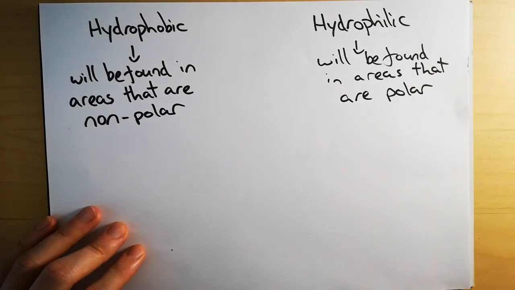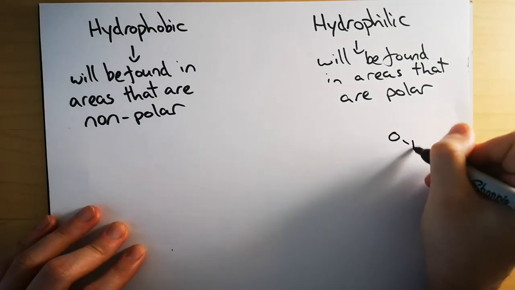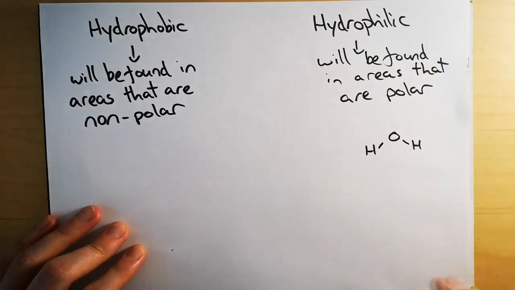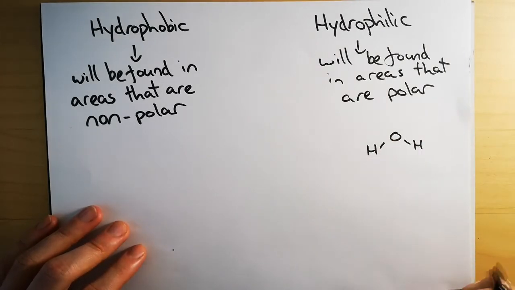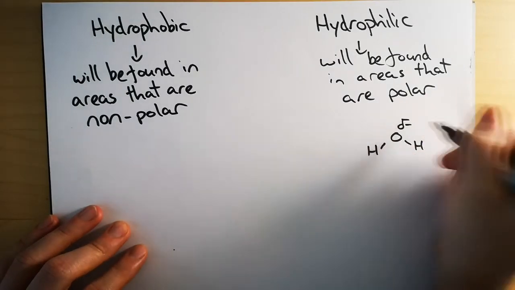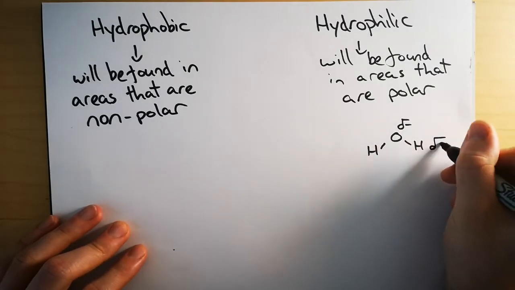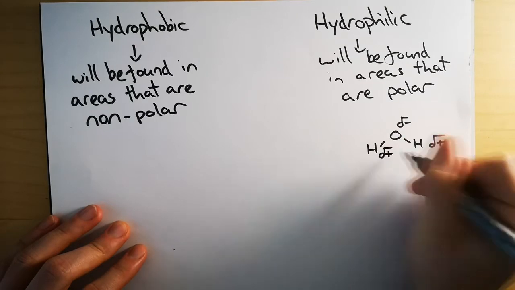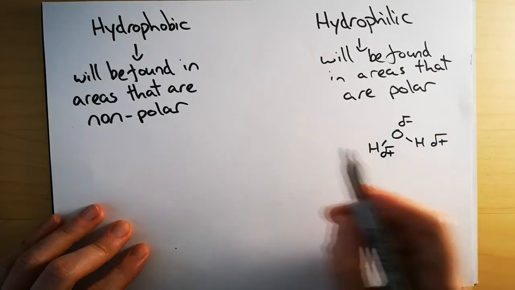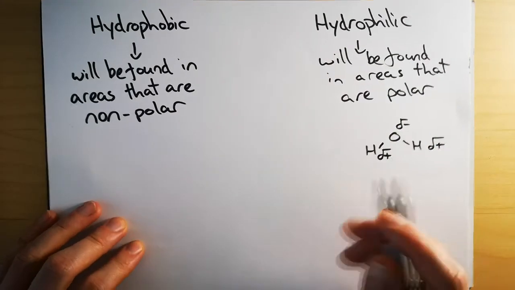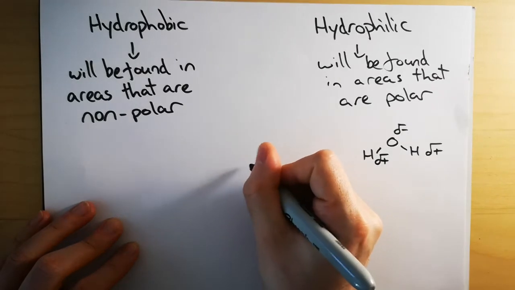So, water is polar, and it makes up the vast majority of the entire cell. And it's got a slight negative charge on the oxygen, and a slight positive charge on both hydrogens. Now, what we haven't spoken about for quite a long time is cell biology.